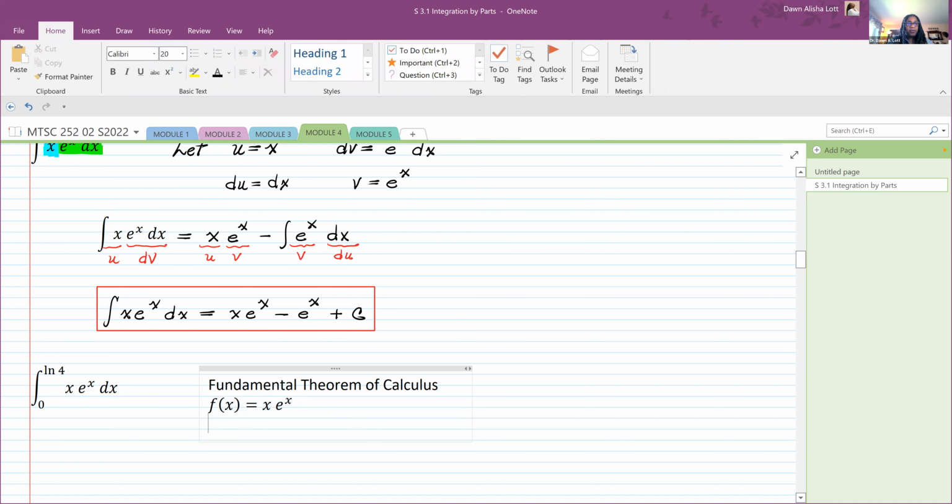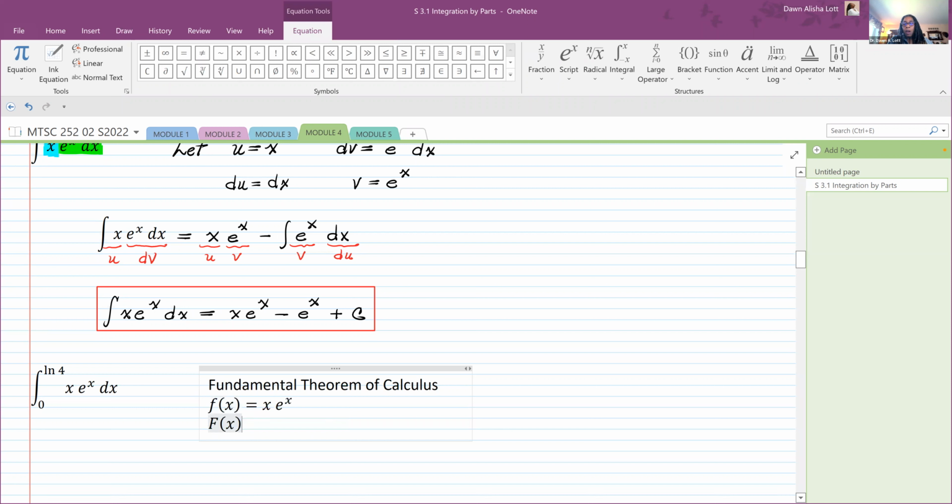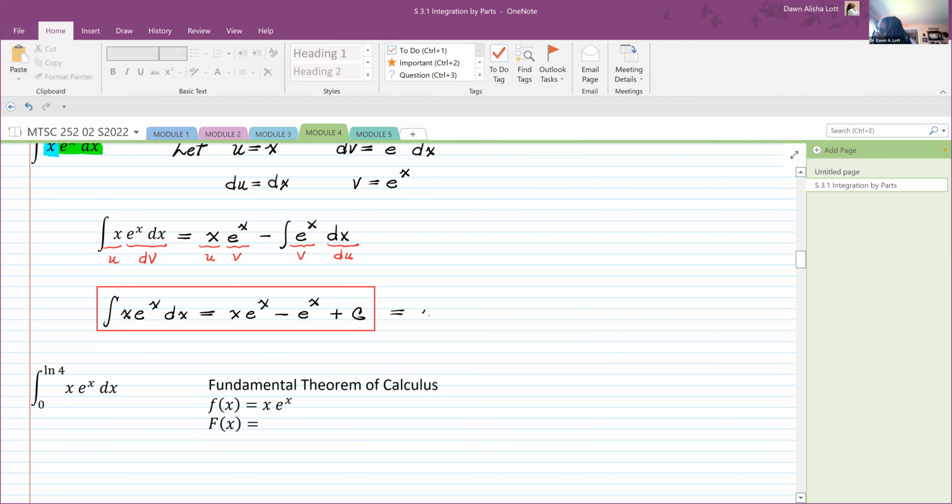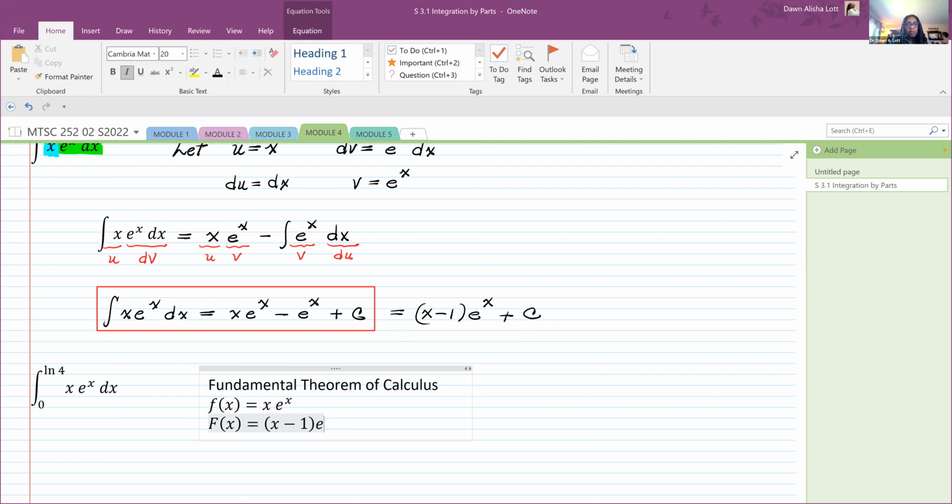And our big F of x, which is the most general antiderivative, I can write as x minus 1 times e to the x, plus c. So its most general antiderivative is x minus 1 times e to the x.